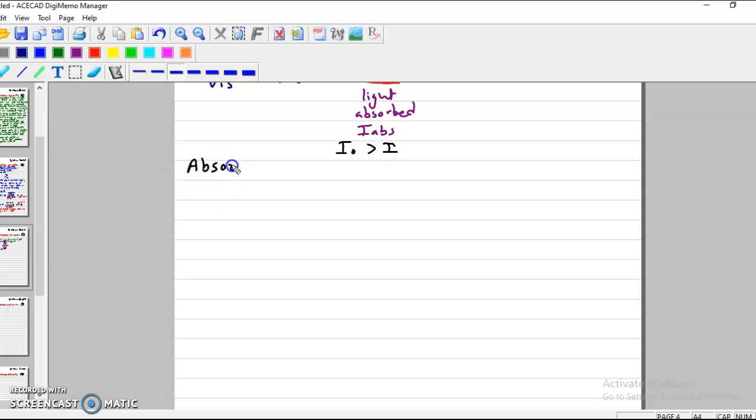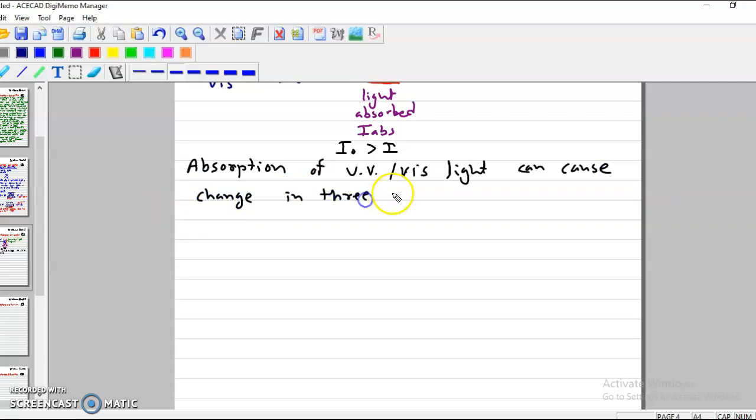Absorption of UV visible light can cause change in three types of motions, which are translational motion, vibrational motions, and rotational motions. Why?